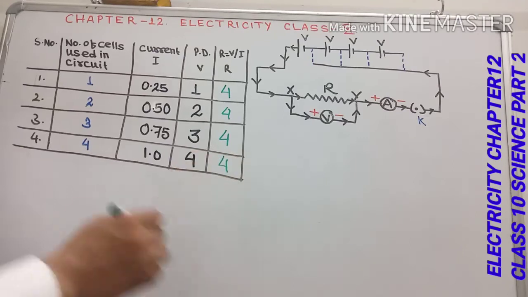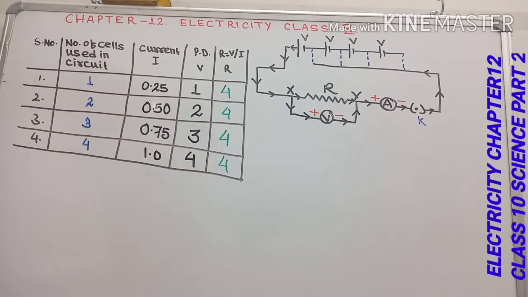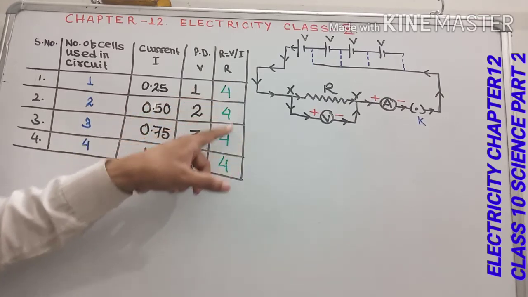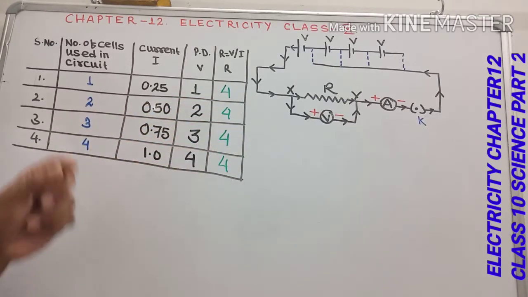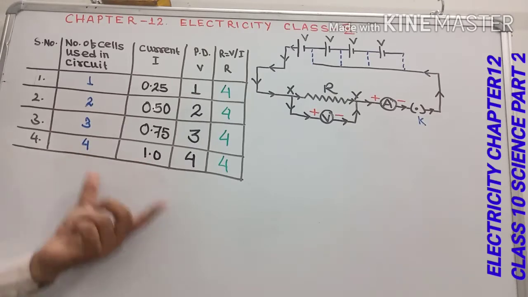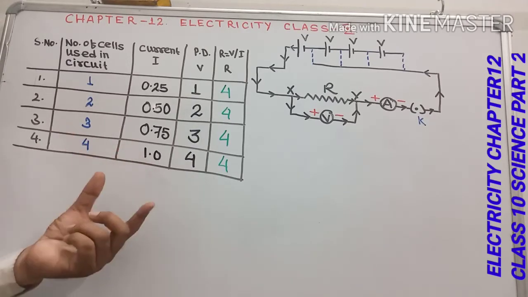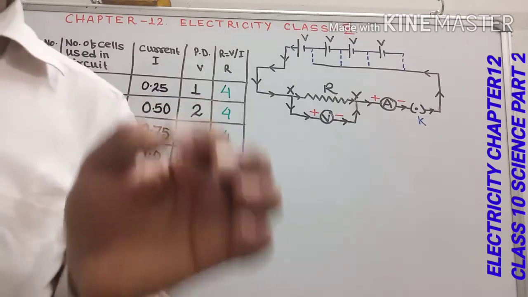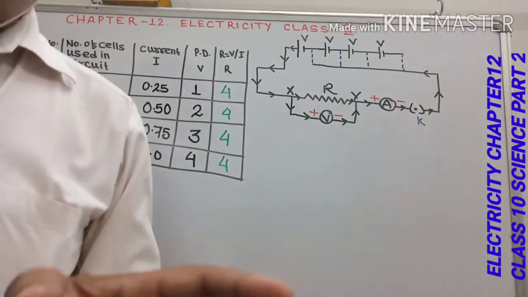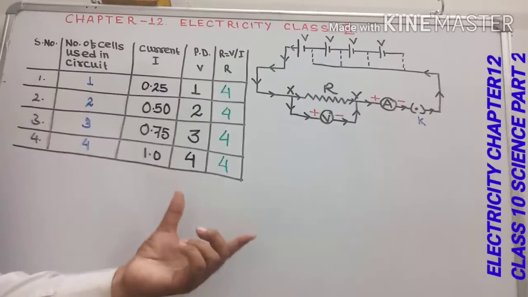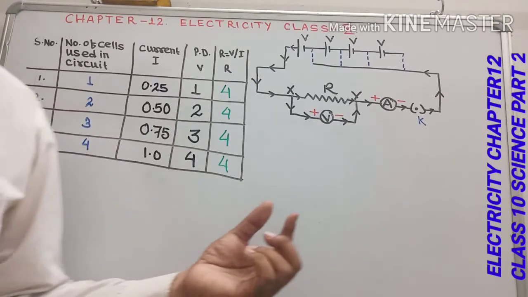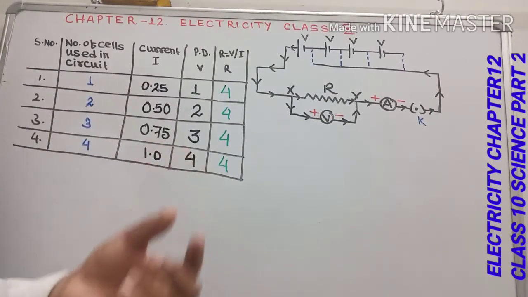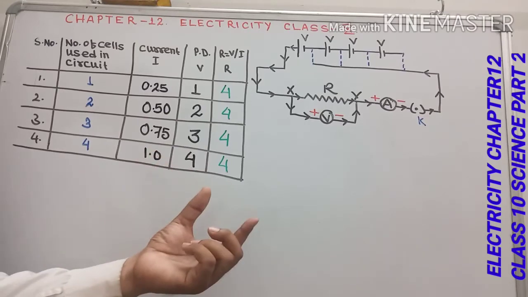By this activity, we can say that in all the experiments we have taken 4 readings, and in all 4 readings the value of resistance is constant, that is 4 ohms. So the resistance value is constant, and we have seen in Ohm's law that the resistance remains constant.